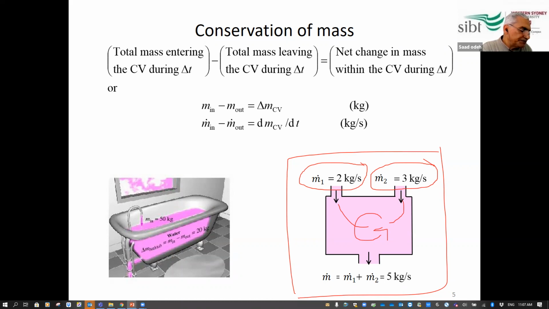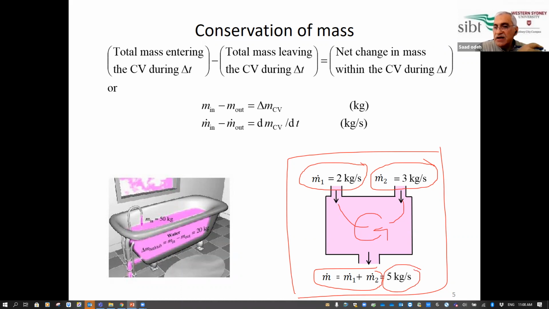So the total mass of the gases leaving the system must equal the mass of the gas plus the mass of air. Which means that we have to add 2 plus 3 to give us the total value of exit gases, which is 5 kilograms per second.